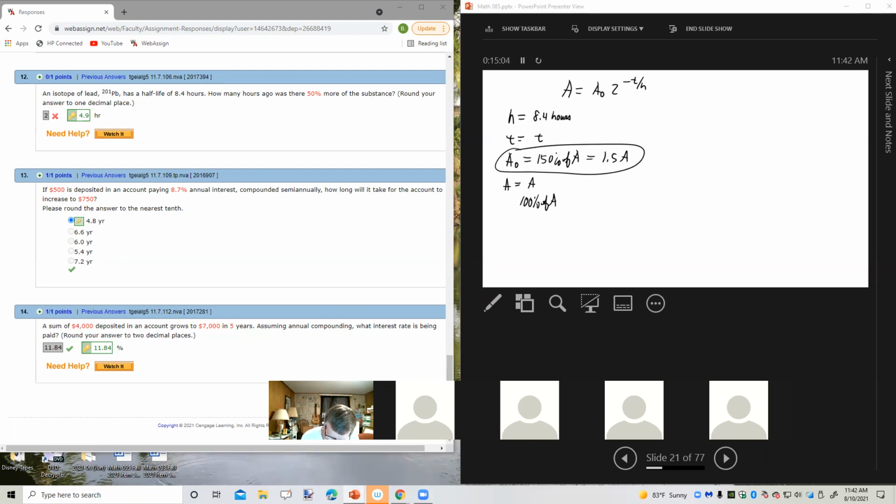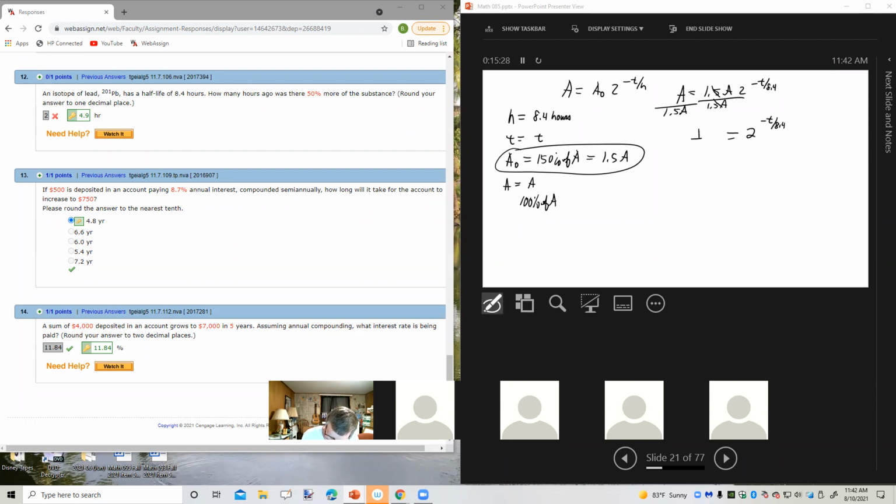Okay, so A equals 1.5 A times 2 to the negative T over 8.4 power. I'm going to divide both sides by 1.5A. So on the right side, I get 2 to the negative T over 8.4.